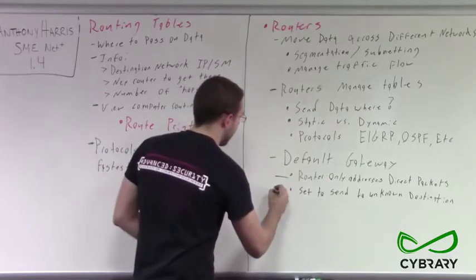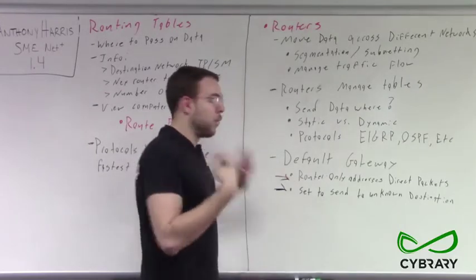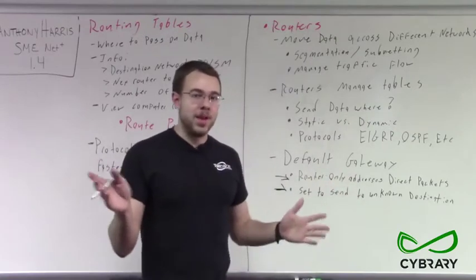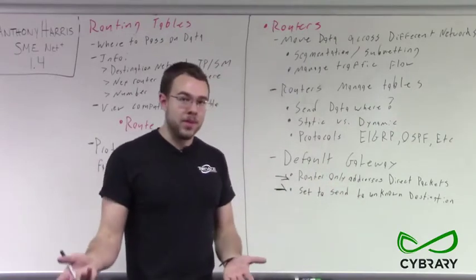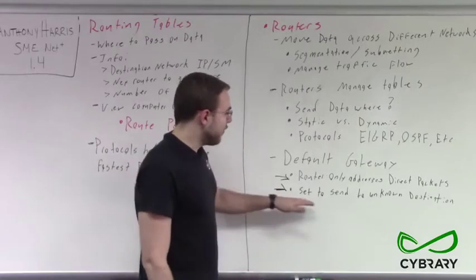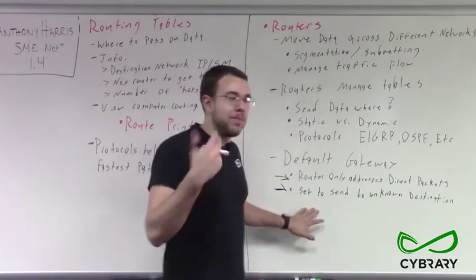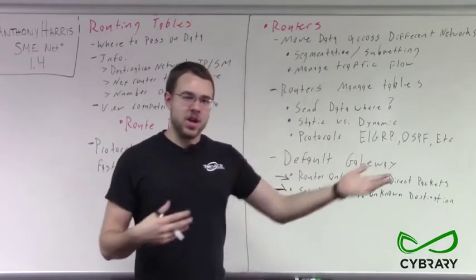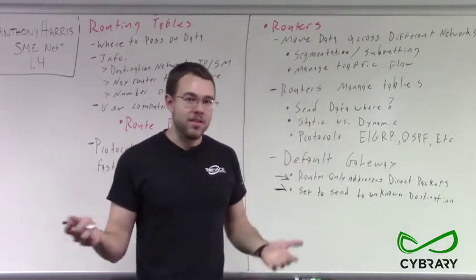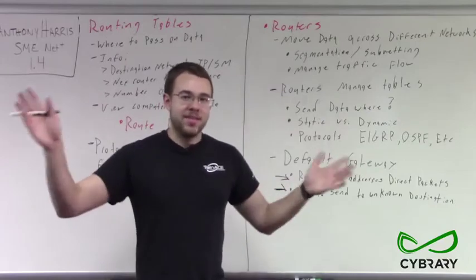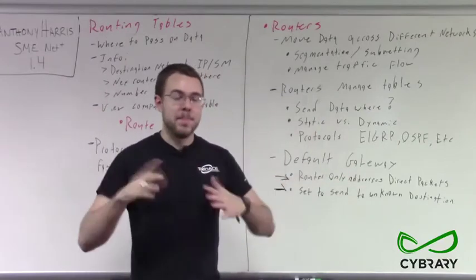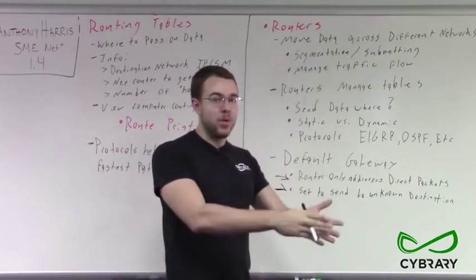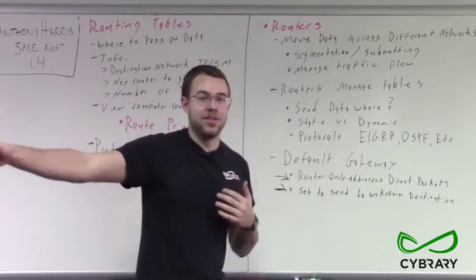Now, our computer will only send packets that it doesn't know where else to send to our default gateway. So if our computer says, hey, I need to send this packet here, but I don't really know where that is, I'm not going to send out a broadcast to everybody and ask everybody to pass this along. I'm going to send a direct packet to my default gateway, who is then going to pass this along.